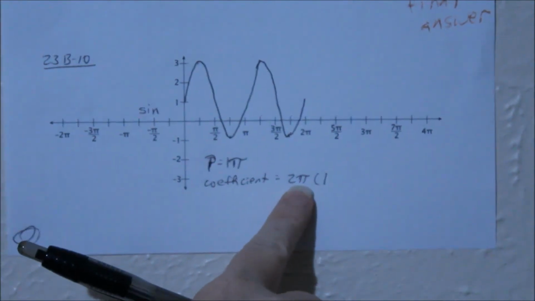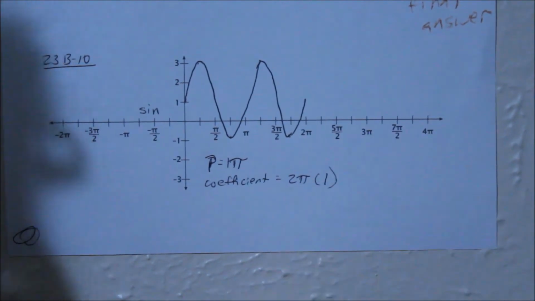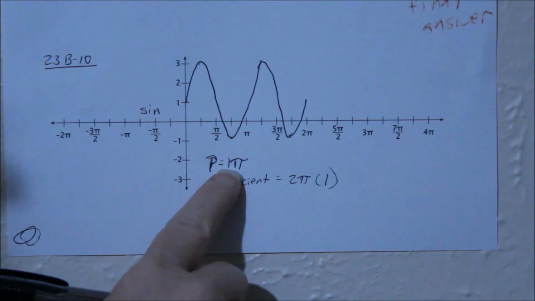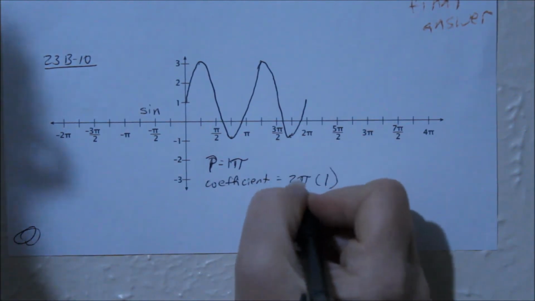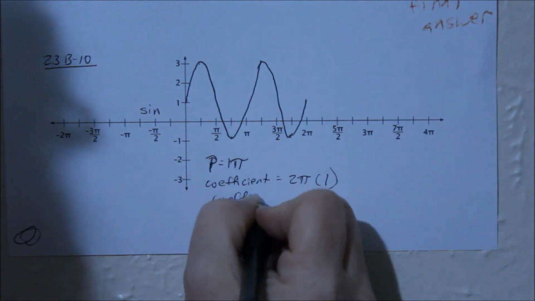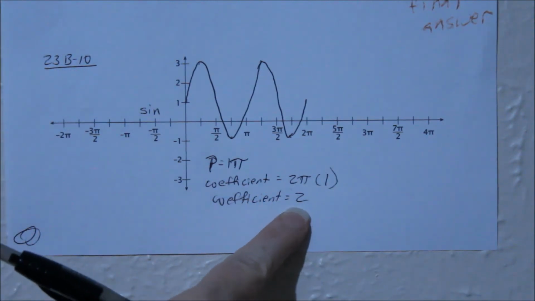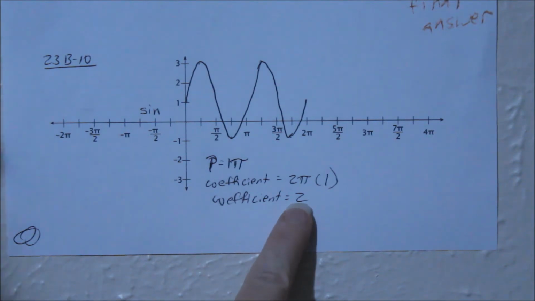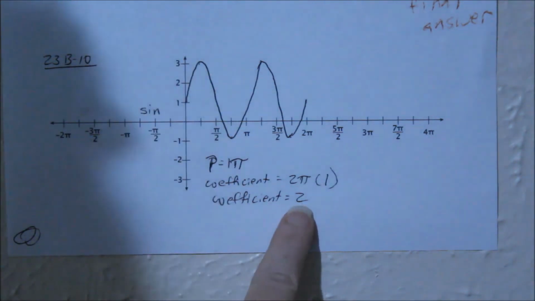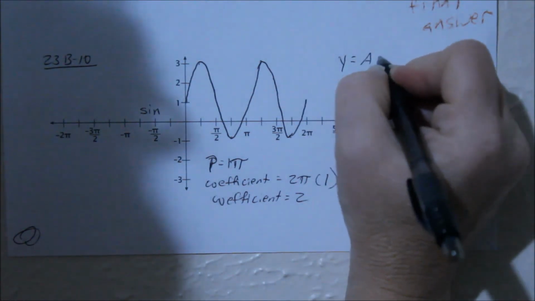And you can almost ignore the pi, because we don't say 2 pi times 1 pi. You're just saying times the reciprocal of the 1. That's a 1 in front of the pi. So we can ignore that pi. So 2 times 1 is 2. So your coefficient is going to be 2 in your equation, because for the period you don't have the pi next to that, okay? So in our equation, the coefficient is going to be 2 in place where our period is, okay? So as a reminder, here's our general equation.